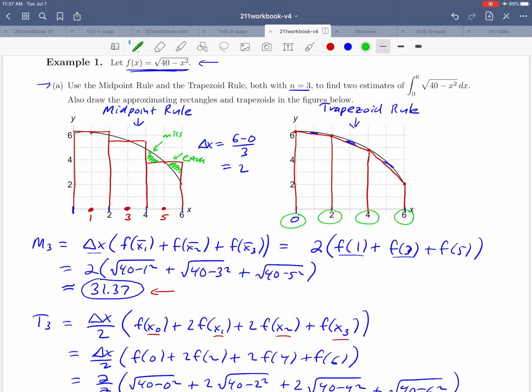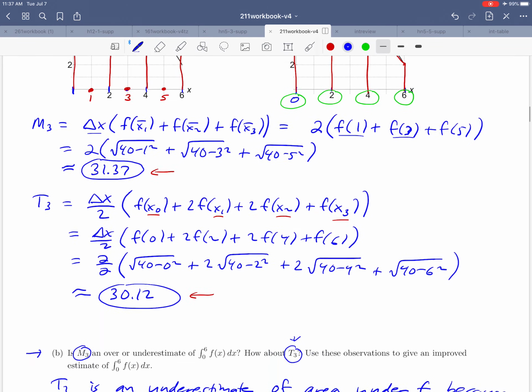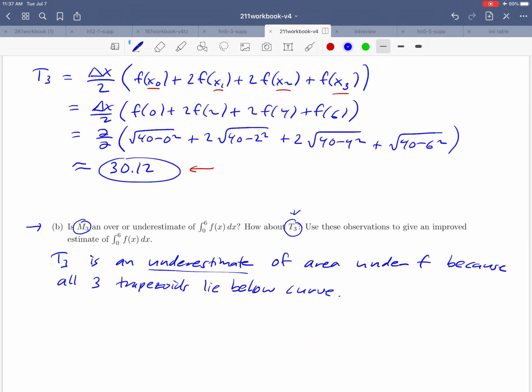Now this is a little bit hard, but if you look really closely here, you might notice that the extra area that we're getting is a little bit bigger than the area that we're missing. And I think if you look carefully and maybe draw your picture more carefully than I did, you might notice that that's the case for all of those rectangles. And that means that with the midpoint rule, we're actually getting an overestimate of the area, slightly too much area.